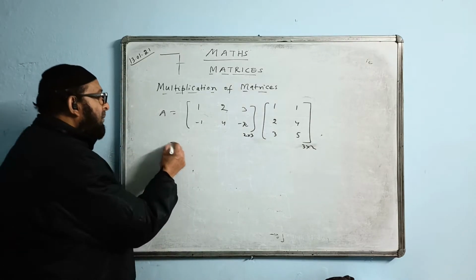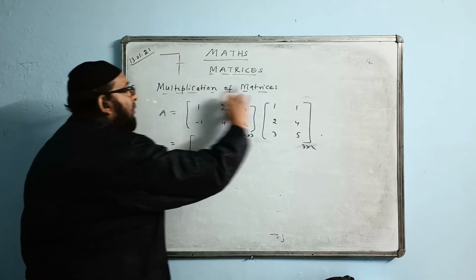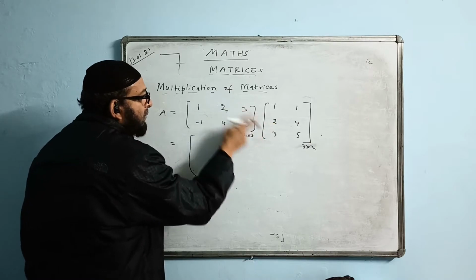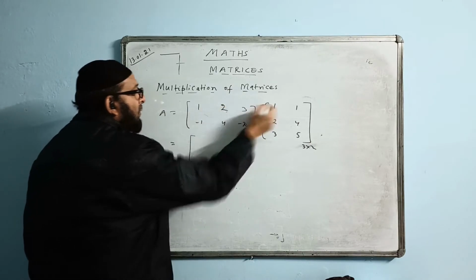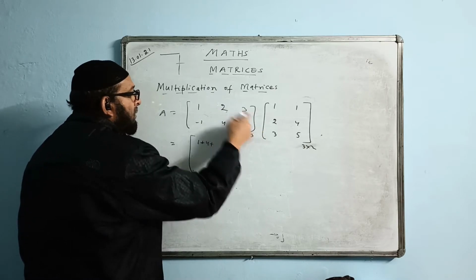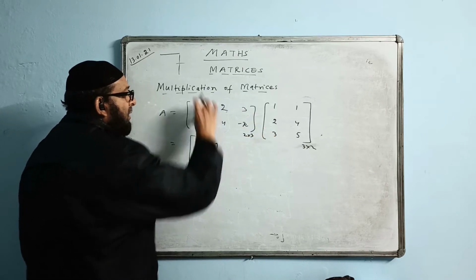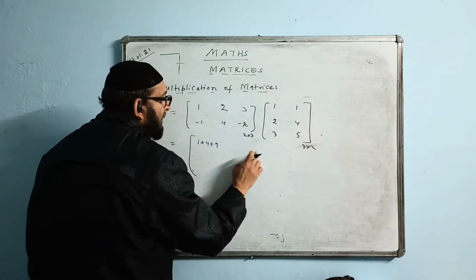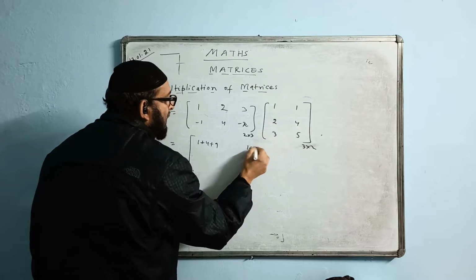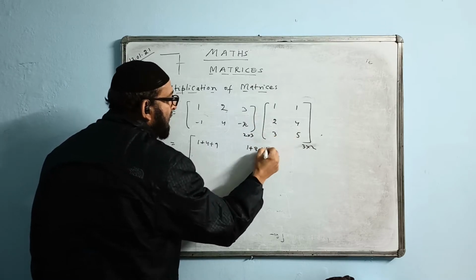Now how to multiply? Again, row by column. The entire row by the entire column will multiply. First with first, second with second, third with third. What is the answer? 1 1 is 1, plus 2 2s are 4, 3 3s are 9. Finished. Now again I will take row by column. 1 1 is 1, 2 4s are 8, third with third, 3 5s are 15.